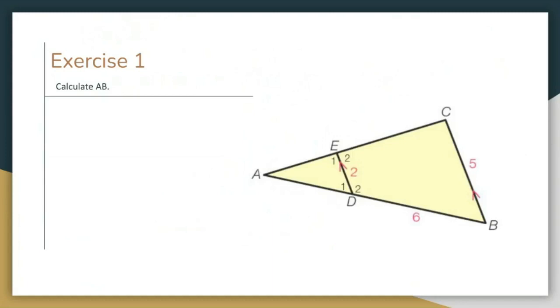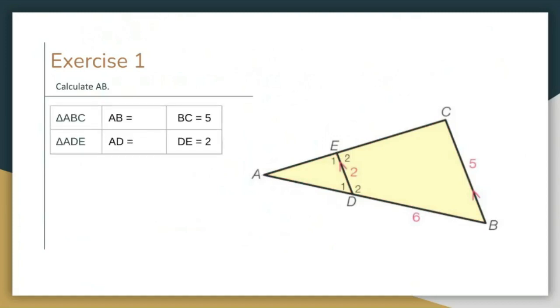So I'm going to use a similarity table. Triangle ABC is similar to triangle ADE. So I make a table with AB and AD and BC and DE. I don't know either AB or AD, but if I make AD equal to x, then AB is equal to x plus 6.